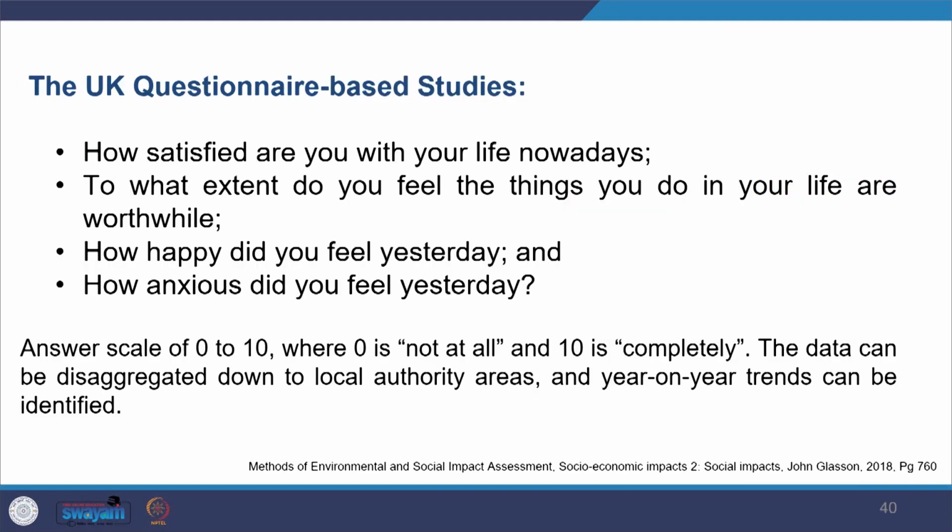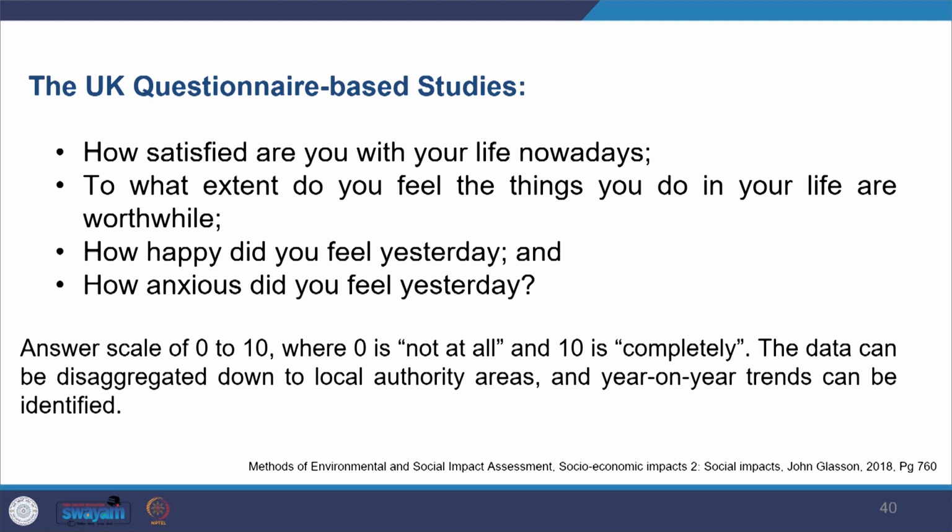When we look at the UK-based study, it looks into 4 key questions: how satisfied are you with your life nowadays? To what extent do you feel the things you do in your life are worthwhile? How happy did you feel yesterday, and how anxious did you feel yesterday?